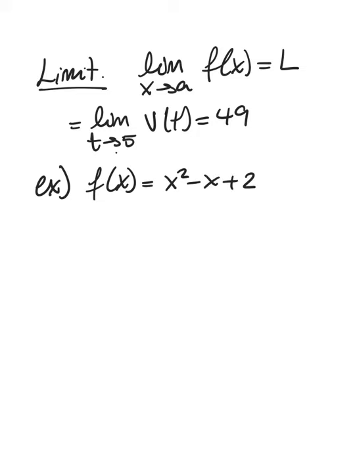And you've got to be able to figure this out multiple ways. So we're going to first do the limit as x approaches 2 of x squared minus x plus 2. One way is pretty easy. The algebraic way is you can just plug in 2 into this.